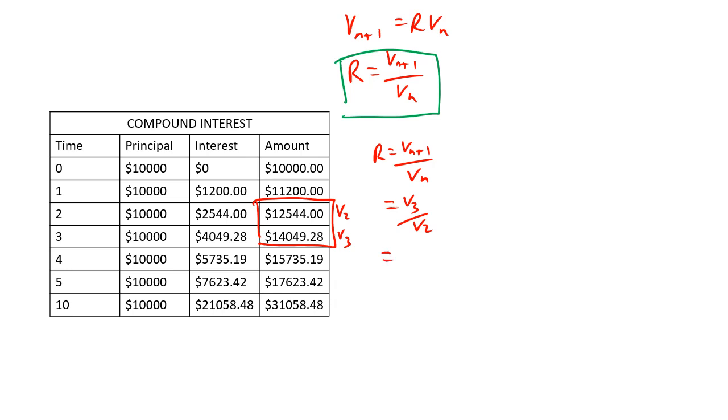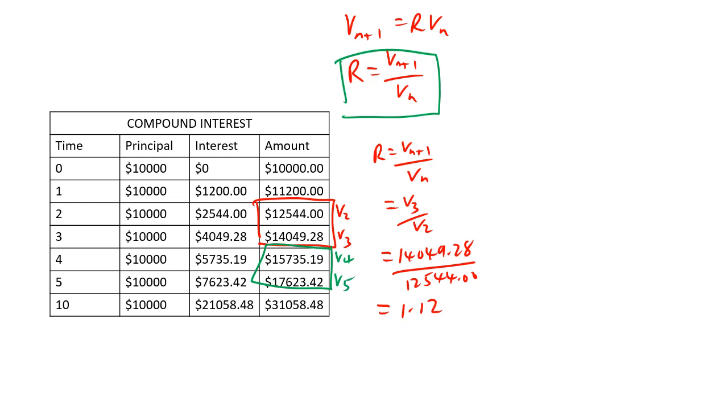Remember, fractions are division, so it's 14049.28 divided by 12544.00, and you should roughly get 1.12. And as I said, we can do any pair of numbers, so let's grab those two numbers, and it'll be the same thing. This is V4 and V5.